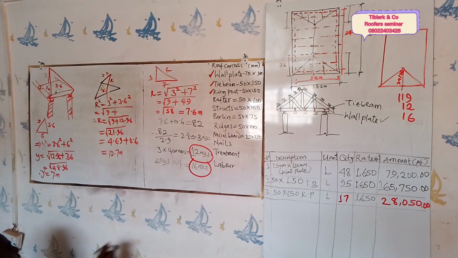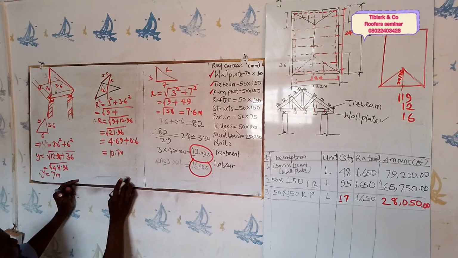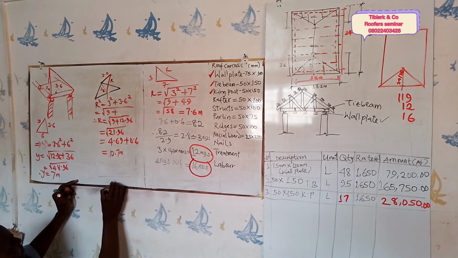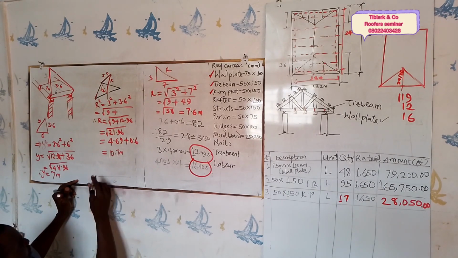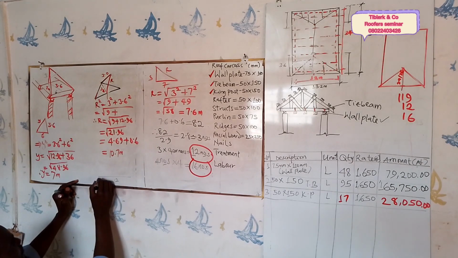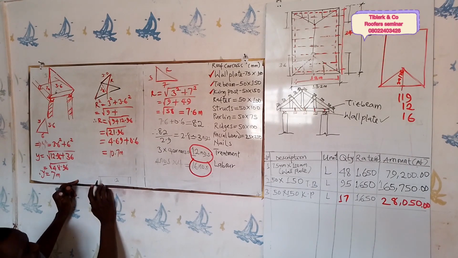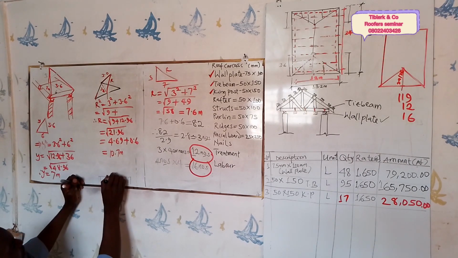We have this as 6 meters, and it has now been projected, each projection added, making it 13 point. Okay, we don't even need to consider that. It's still our 12. This is 6.